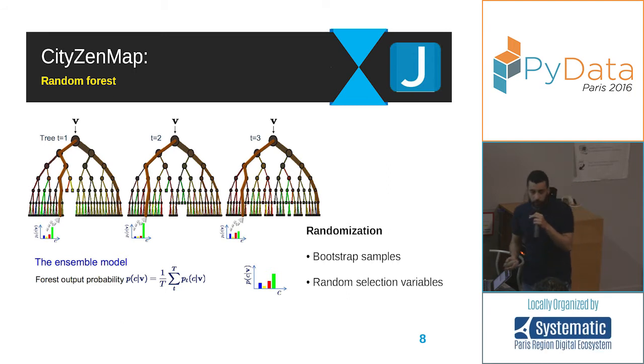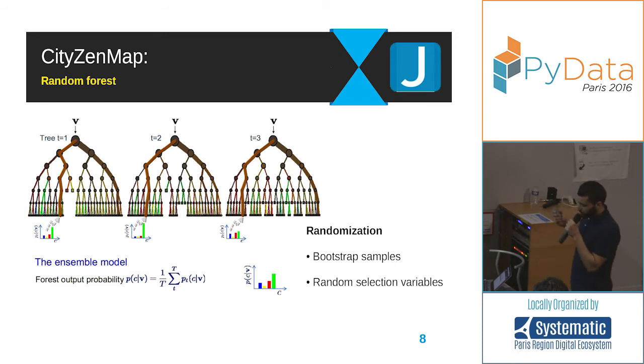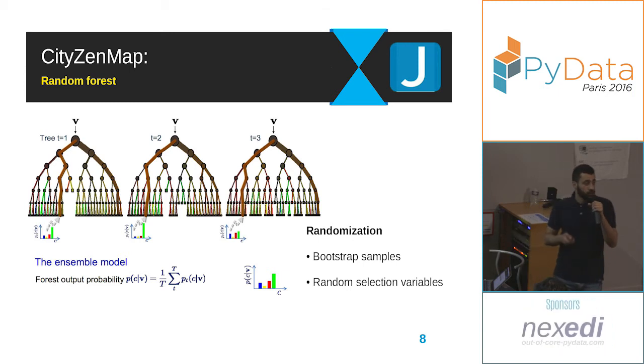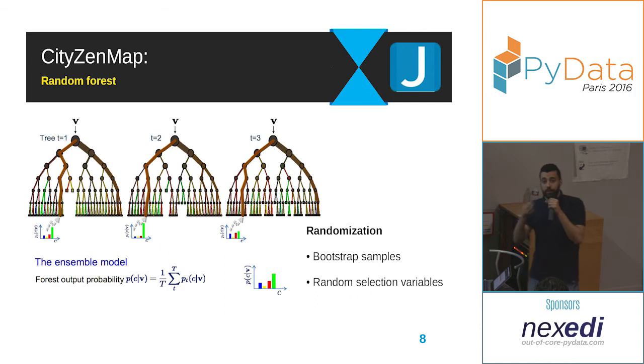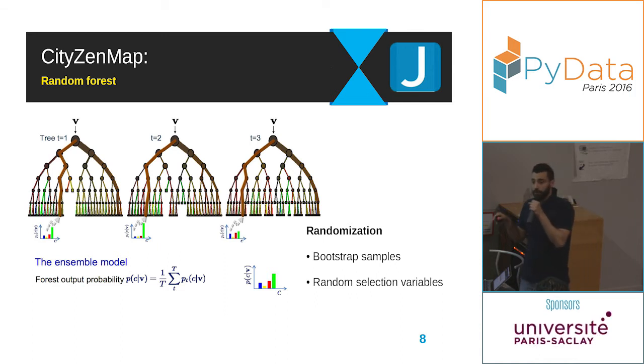There is some belief about random forest. By doing this kind of randomization, we can assume that most of the trees can make correct predictions on most of the data, and also that most of the trees will make mistakes at different places with different observations. And this is why the random forest algorithm is less sensitive to overfitting.